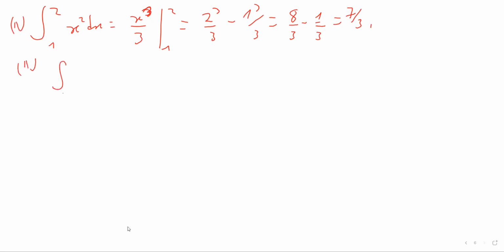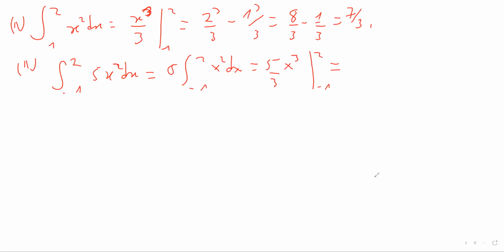Another example, from 1 to 2 of a function like 5x squared dx, and this will become 5 times the integral from 1 to 2 of x squared dx. This will be 5 times x cubed over 3, from 1 to 2. And then you can have 5 over 3 times 2 to the power 3, minus 5 over 3 times 1 to the power 3.